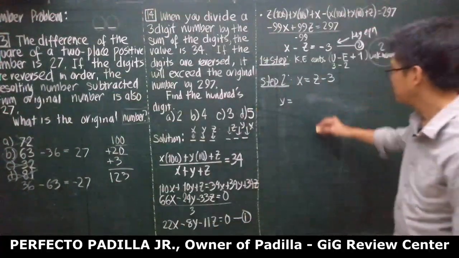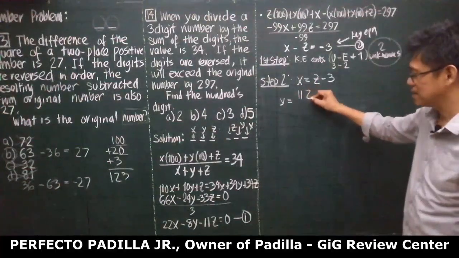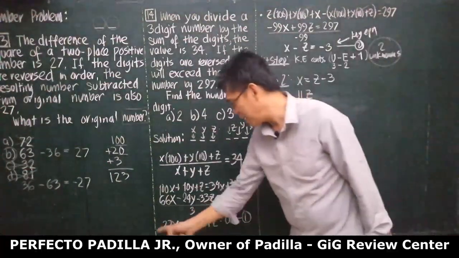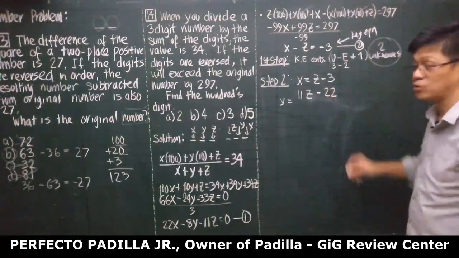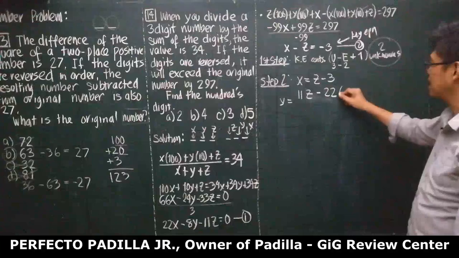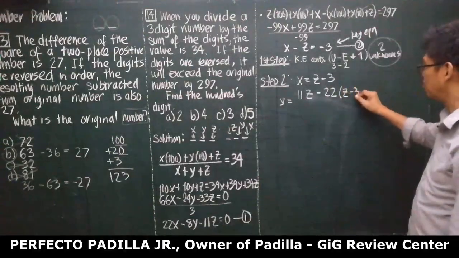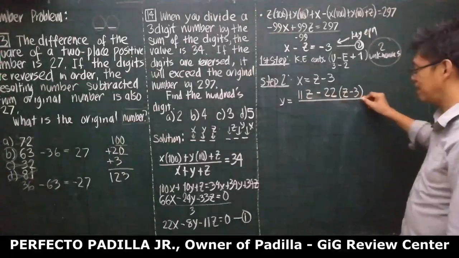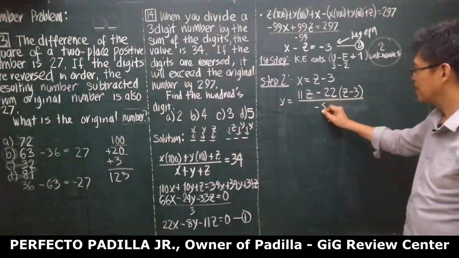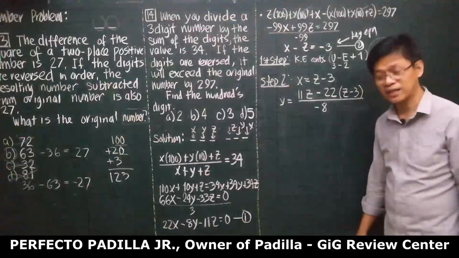11z minus 22x minus 22x. But what is x? Z minus 3. Ito over negative 8. I-simplify natin.